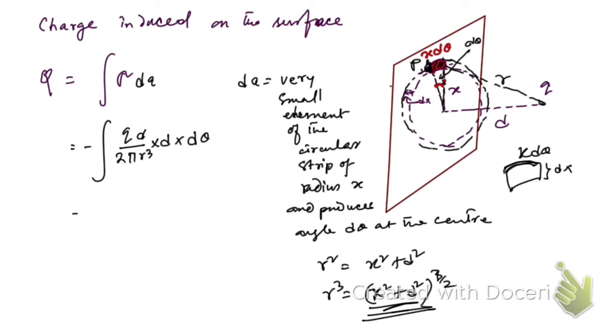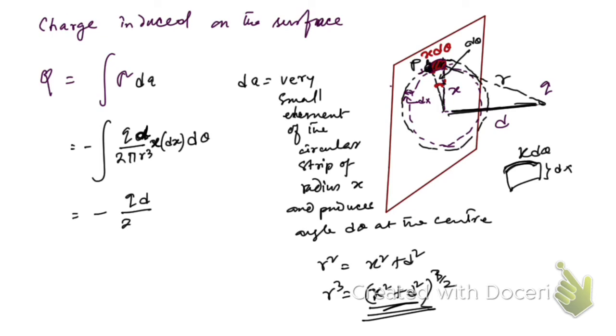If we do that, then we take out the terms. This is dx, and this d is the distance, not the same thing, this is dx. Hope you can recognize the difference: this is x, this is dx, and dx is the small thickness of the strip.